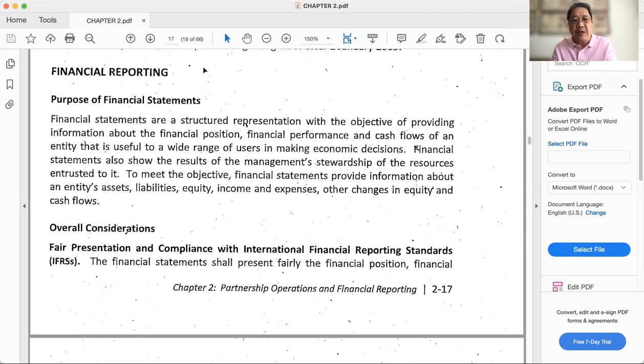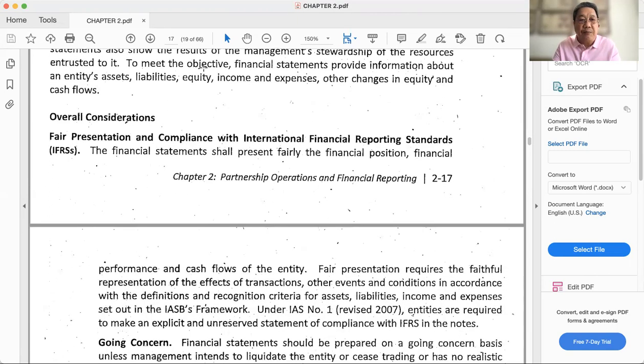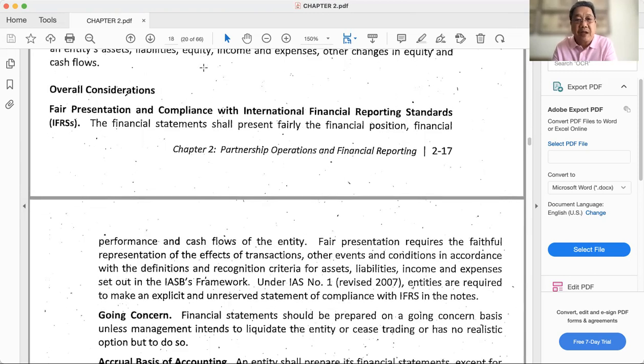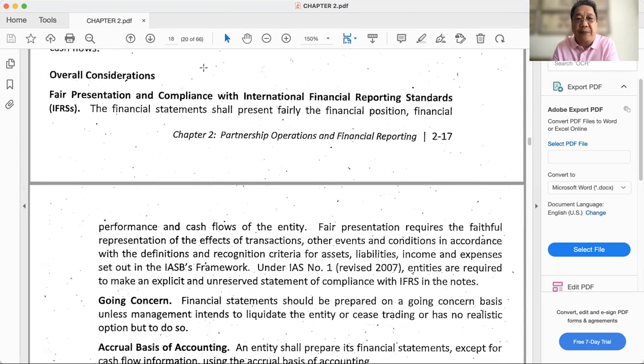To meet the objective, financial statements provide information about an entity's assets, kasama sa balance sheet, liabilities, and equity sa balance sheet yan, sa financial position, income and expenses sa income statement, and other changes in equity, yun nga yung statement of changes in owner's equity, and the cash flow. It is the fair presentation and compliance with international financial reporting standards ay naroon lahat yan that it should be presented fairly.